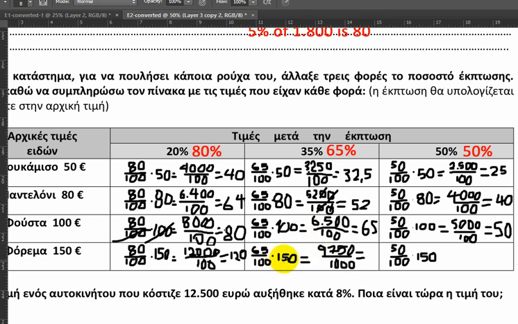Wait a minute, if this was 200, this would be 13,000. No. I need a minute to make sure this multiplication is correct. It is correct. Why did I put 1,000 here?